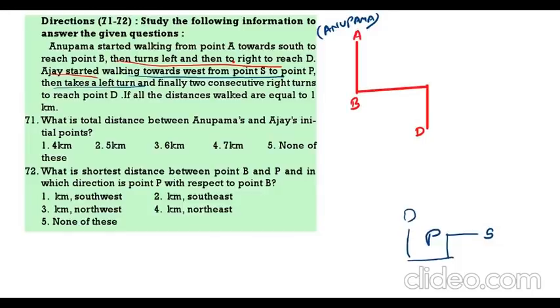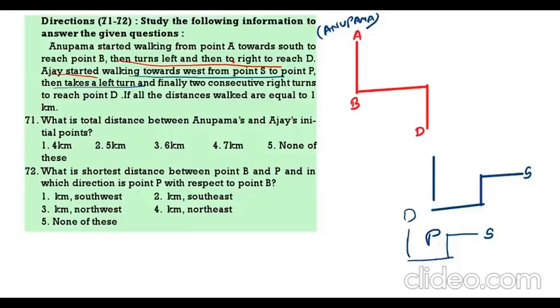Now I am doing Ajay. From S you draw one line. Then takes first right, then again next.